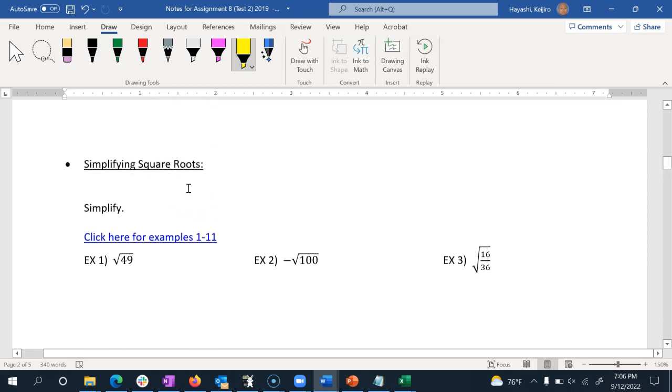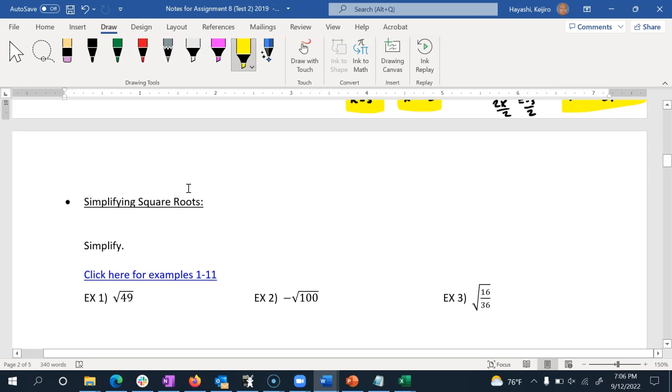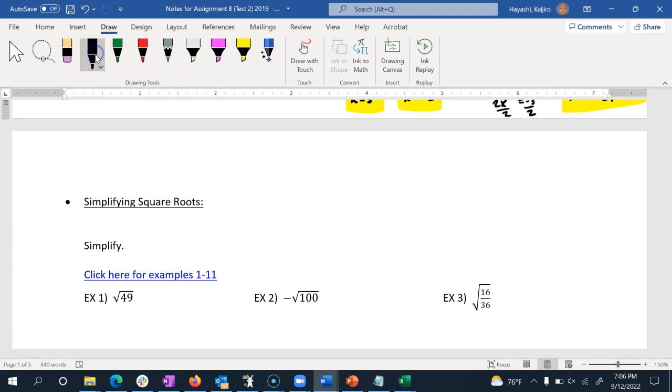But before we talk about square roots, let's talk about squares for a second. What's 1 squared? 1, right?